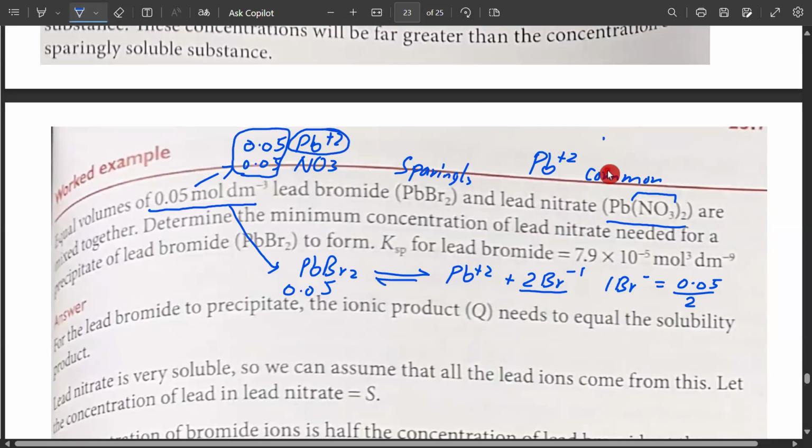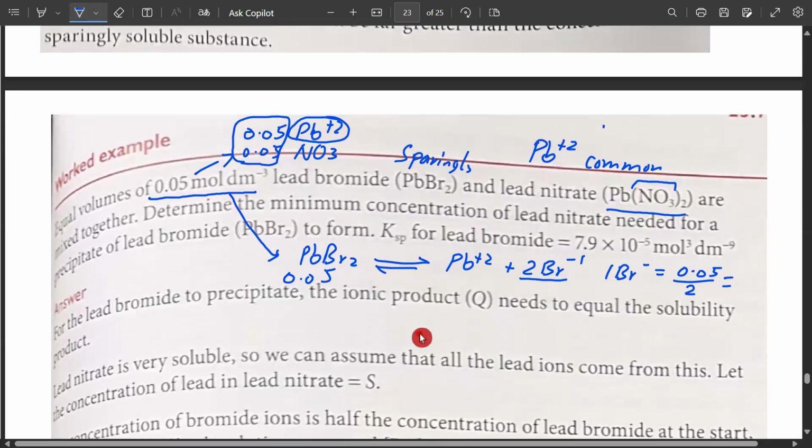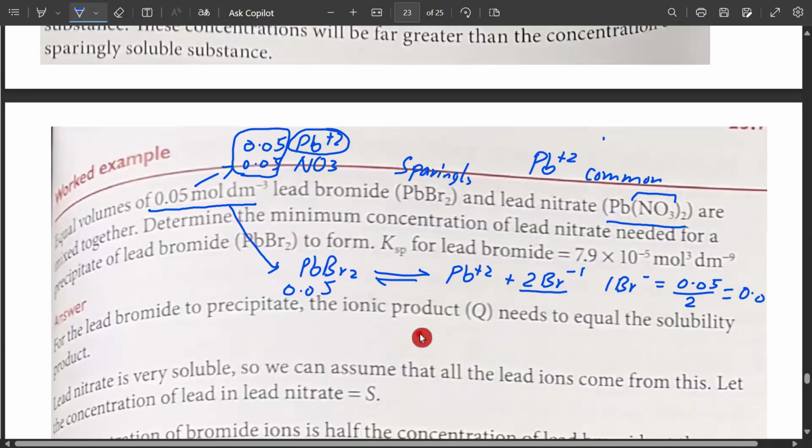For the value of bromide, we are considering the other salt, that is the lead bromide compound. Okay, we have now found the values. The value of the bromide ion will come out to be 0.025. So you need this value and you need the value of lead from here. One value is taken from here for the bromide and one value is taken from here.